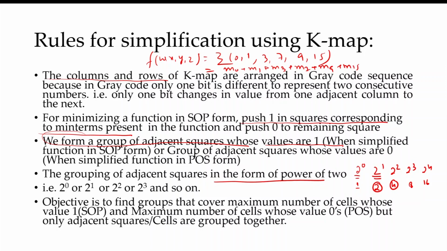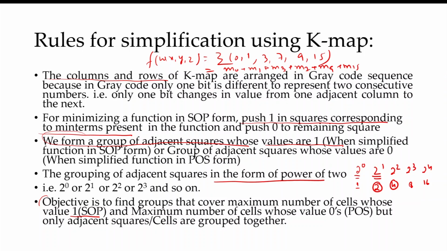The objective is to find a group that covers the maximum number of cells whose values are 1 if the function is in SOP form, and if the function is in POS form, then our objective is to find the group that covers the maximum number of cells whose values are 0.